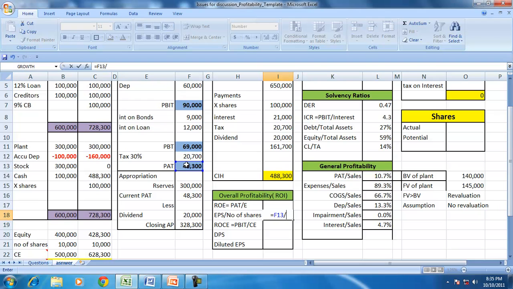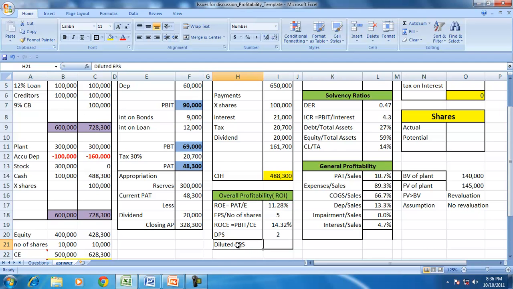Earning per share is PAT by number of shares, around 5. PBIT by capital employed will give us the return on capital employed. Dividend per share actually tells us how much dividend has been distributed. EPS shows the profit distributing ability, whereas DPS shows actual profit distributed.